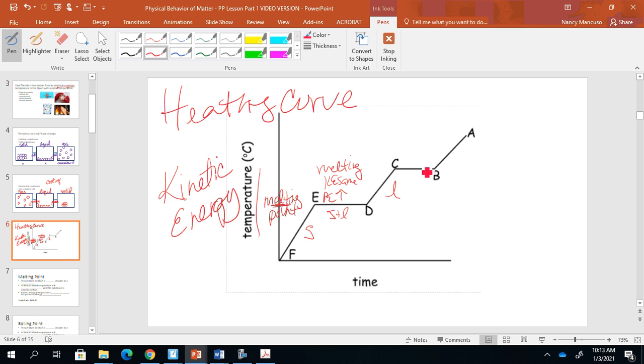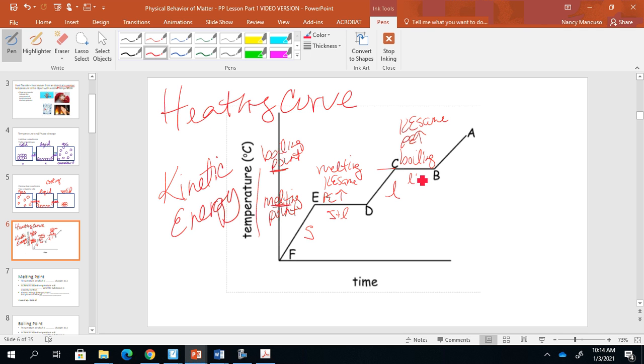And then when you hit C to B, it's changing into a gas. So this temperature across here, this would be the boiling point. So here it is boiling. And when it is boiling, the kinetic energy is the same, but the potential energy is increasing.